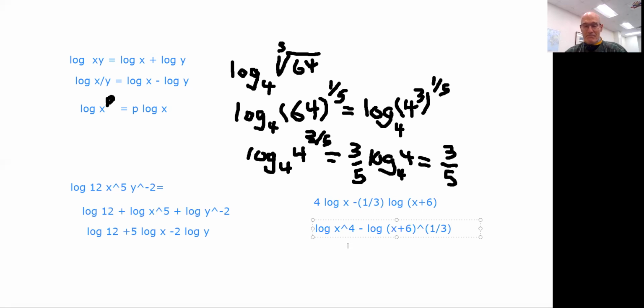And then, since up here, if I'm multiplying, I add. If I'm dividing, I subtract. So I'm going backwards. So if I'm subtracting, then I'm going to divide.